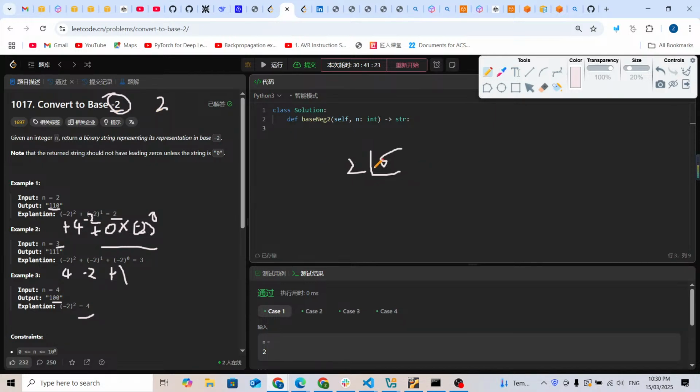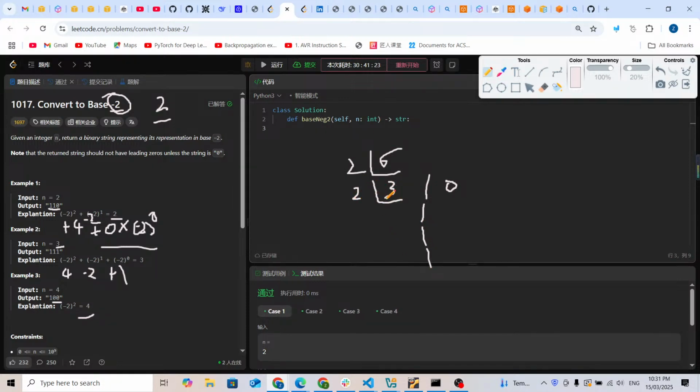If we convert it to base 2, we have 6 divided by 2, which is going to be 3, and the remainder is going to be 0, because 6 can be divided by 2. So this is the remainder. Now we're going to continue. What about 3 divided by 2?